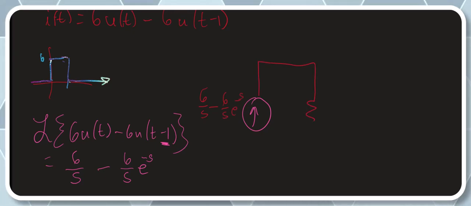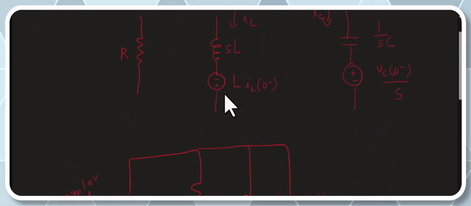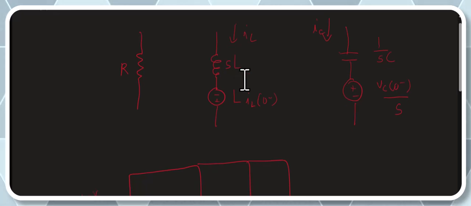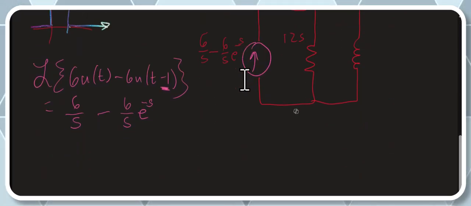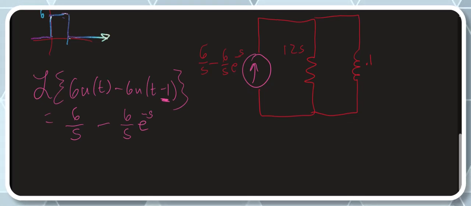We know our resistance doesn't change. That's going to remain 125. Our inductor was 0.1 henries, and we know an inductor is SL, so it'll be 0.1 S. And you gotta watch because my S's look just like my 5s.